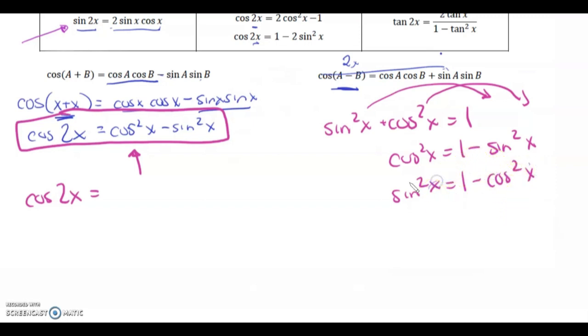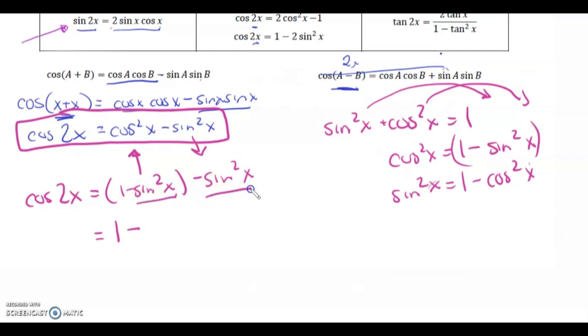If we go back here and sub in cos squared x, this 1 minus sine squared x, and then bring down this negative sine squared x, this would simplify to 1 minus, well, what's negative sine squared x minus sine squared x?